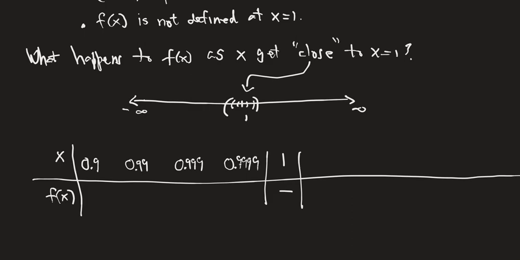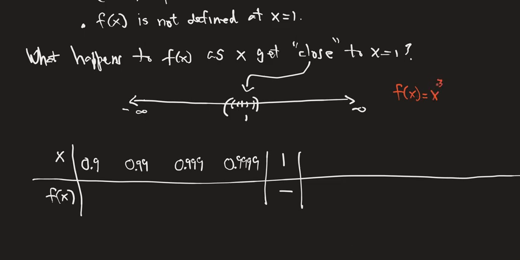So this is 9,999 10,000ths. As far as our mind is concerned, that's pretty close to 1. All right. Now, let me rewrite the function back here again, so you can see what we're going to plug in.